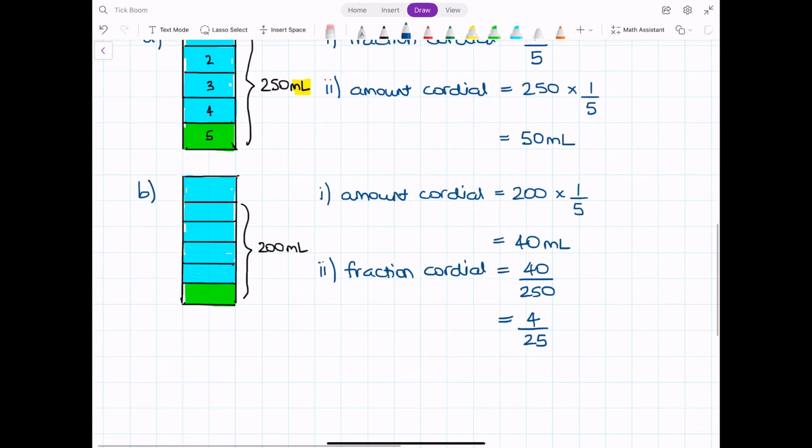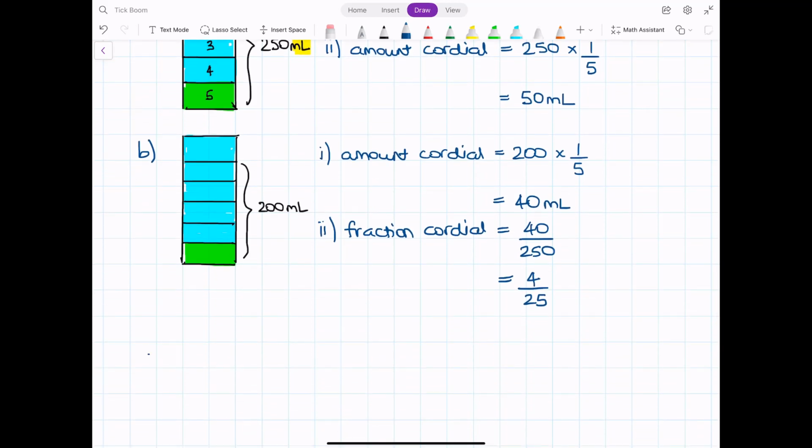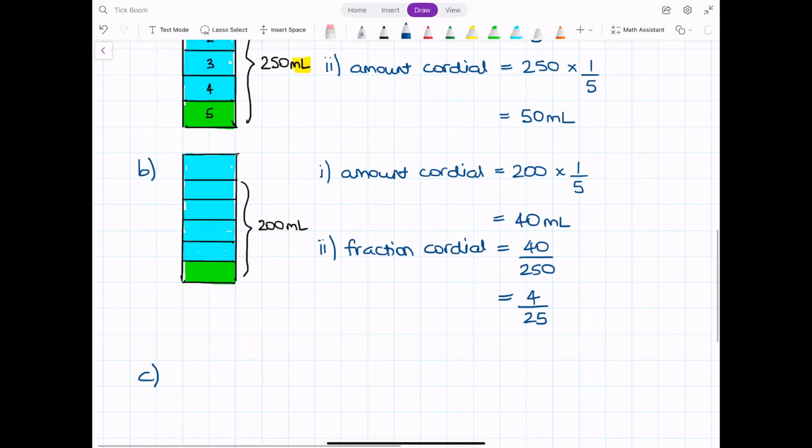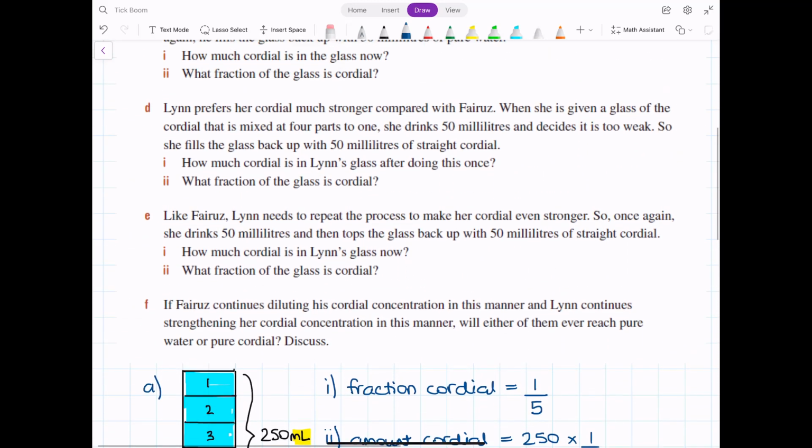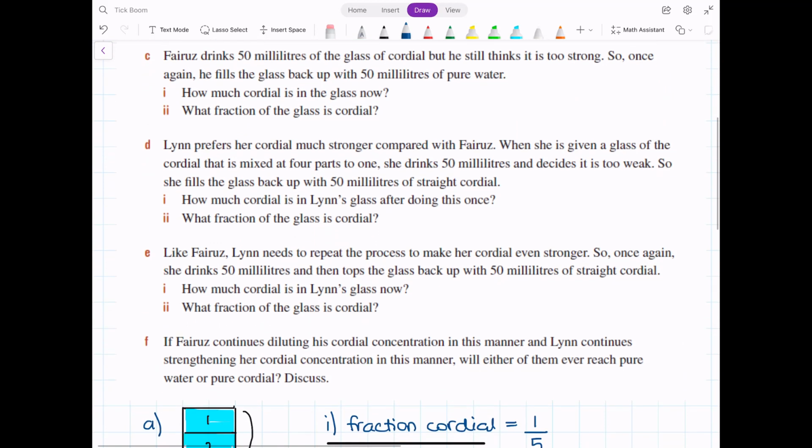Okay, so next we're going to move on to part C. Let's read what that's about. Part C says, Firuz drinks 50 milliliters of the glass of cordial, but he still thinks it is too strong. So once again, he fills the glass back up with 50 milliliters of pure water. So it's the same kind of process.